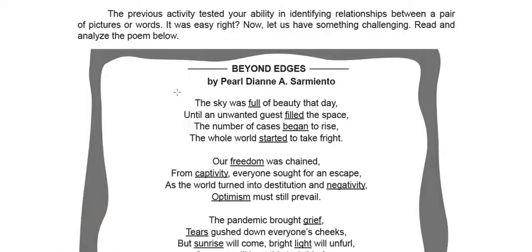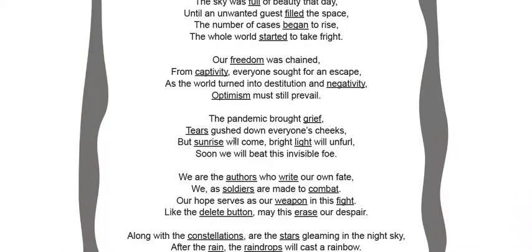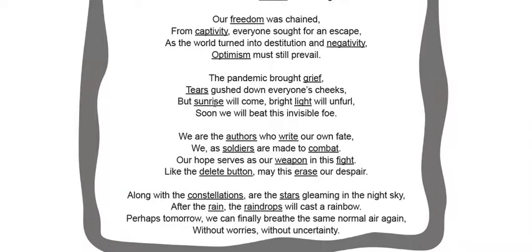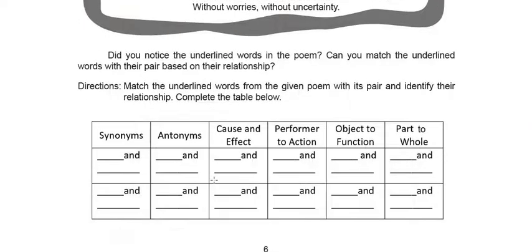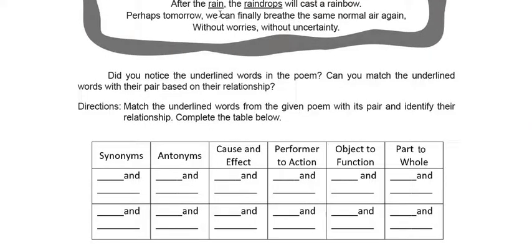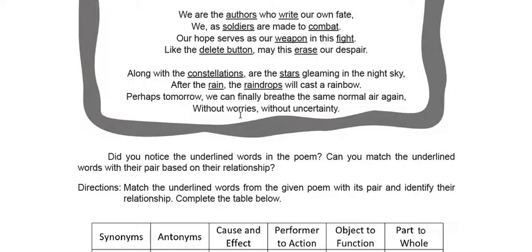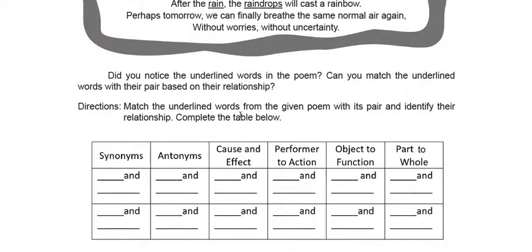So you need to read this poem, and if you will notice, there are underlined words. So those words will be used in this part. So from the given words in this poem, try to find out which words are synonyms. When we say synonyms again, words with the same meaning.